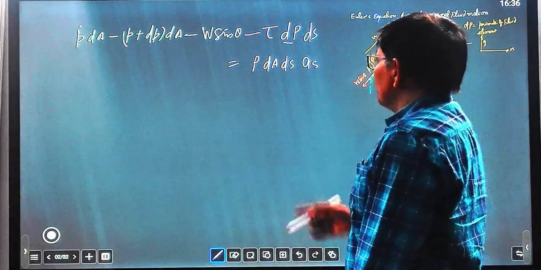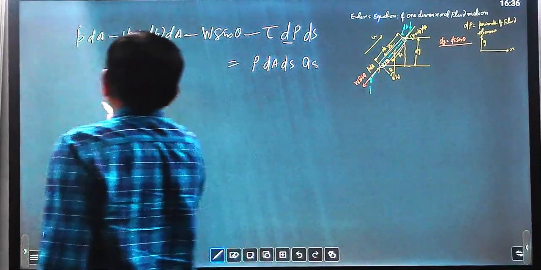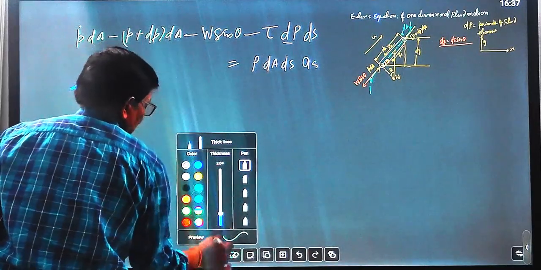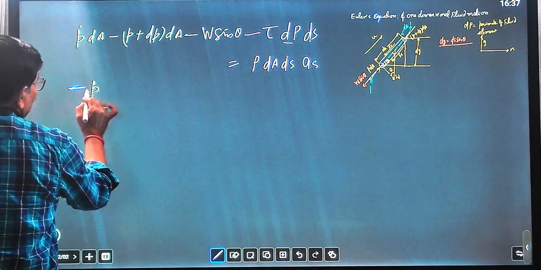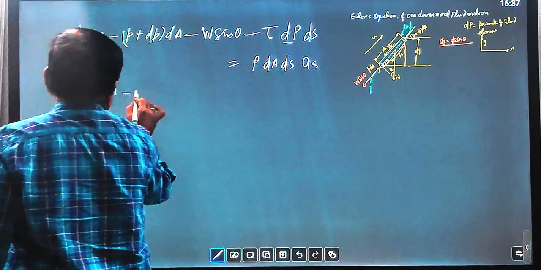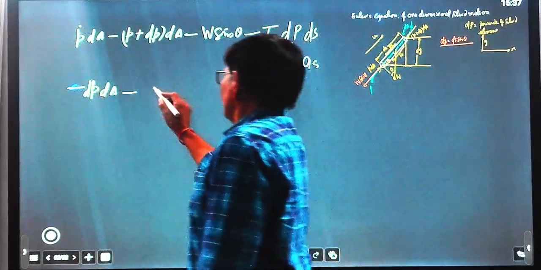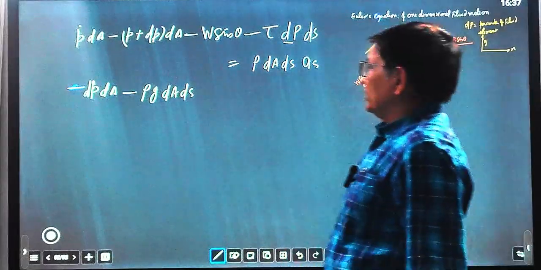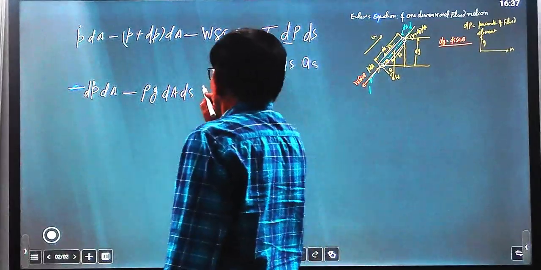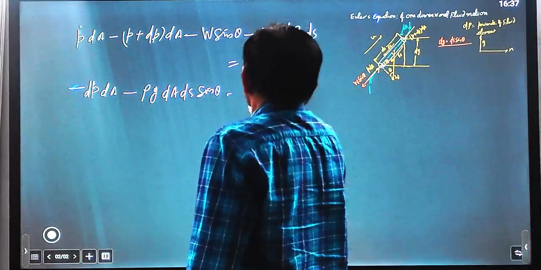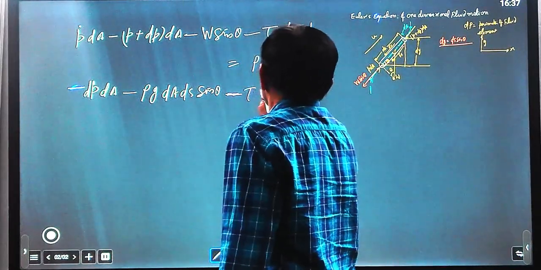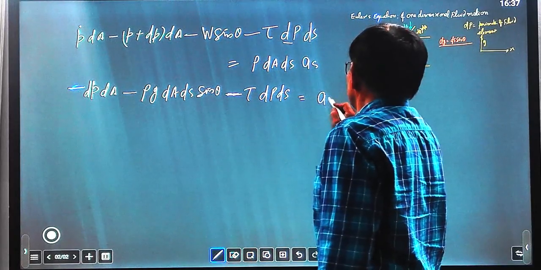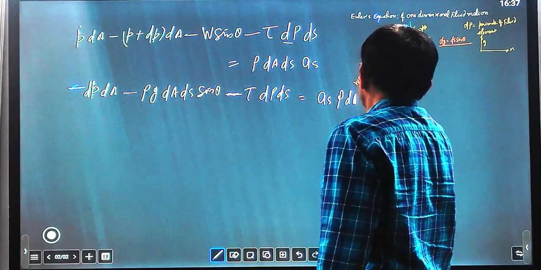Acceleration is as. Now putting the value of W sine theta, this will be equal to minus (P plus dP) into dA, and minus W, equal to rho g dA ds, volume into density into g, W into sine theta, minus tau dP ds, equal to as rho dA ds.